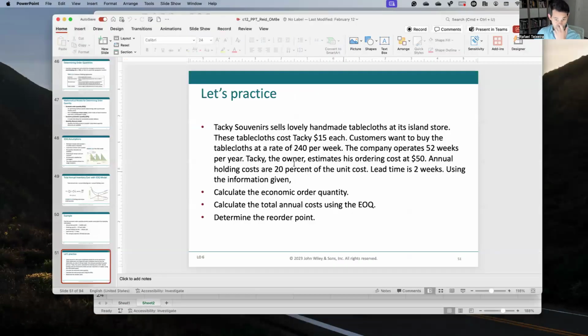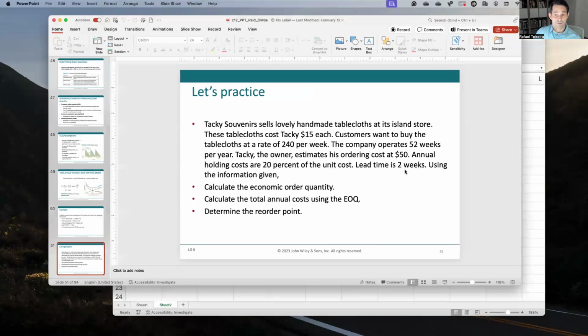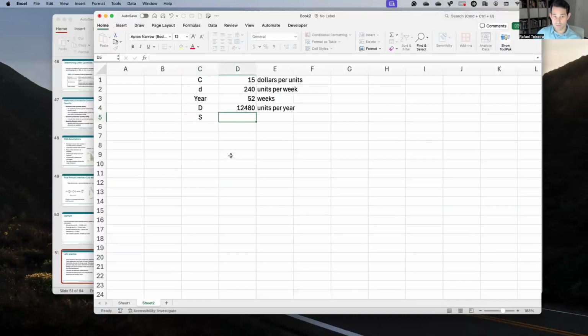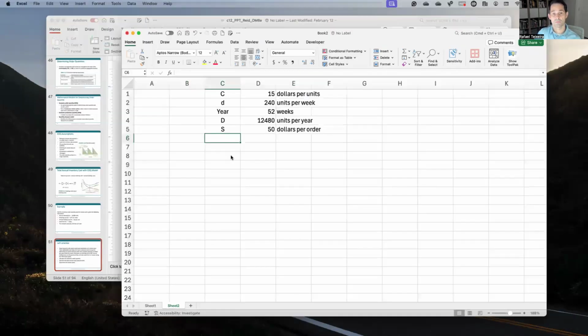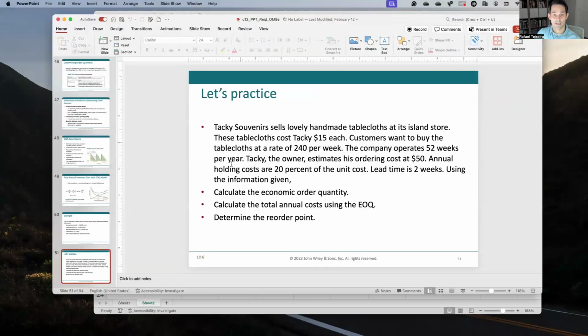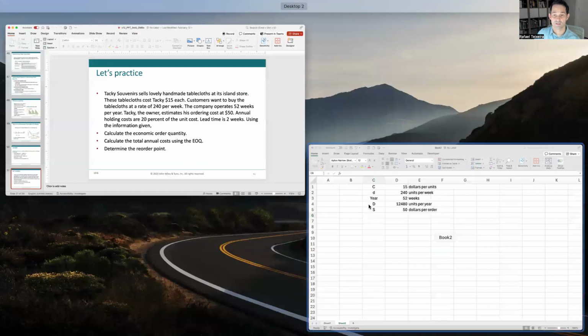Okay, so far so good. The owner estimates his ordering cost at $50, so the cost to place an order is $50 per order. Now comes the holding cost. Annual holding costs are 20% of the unit cost. This is the unit cost. Let's compute it.